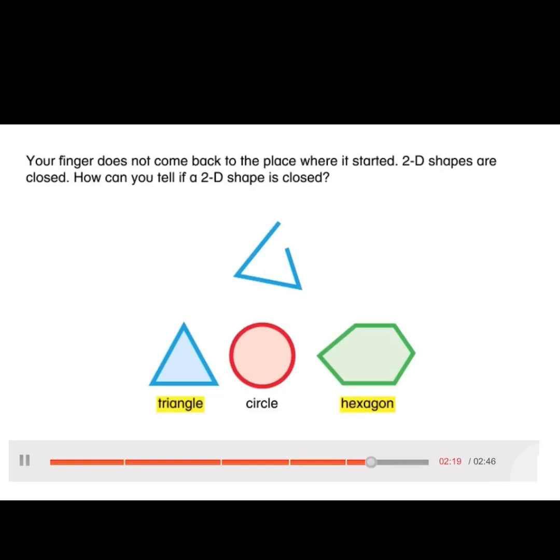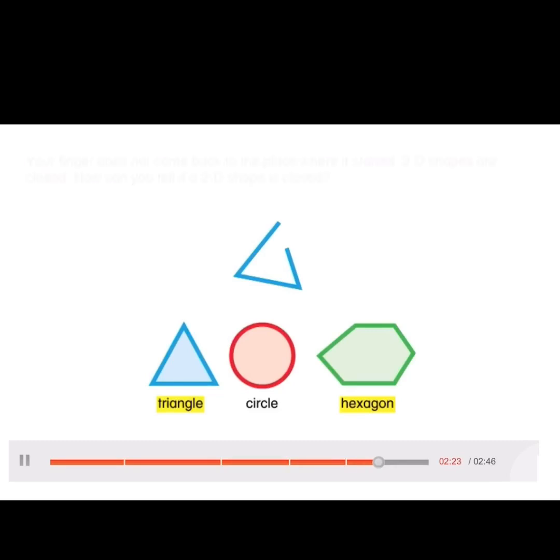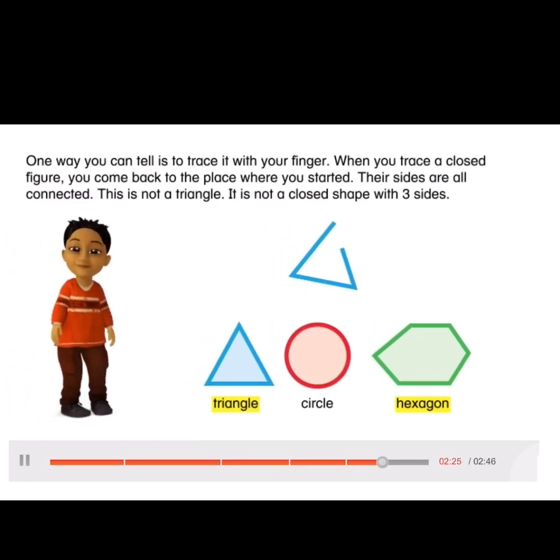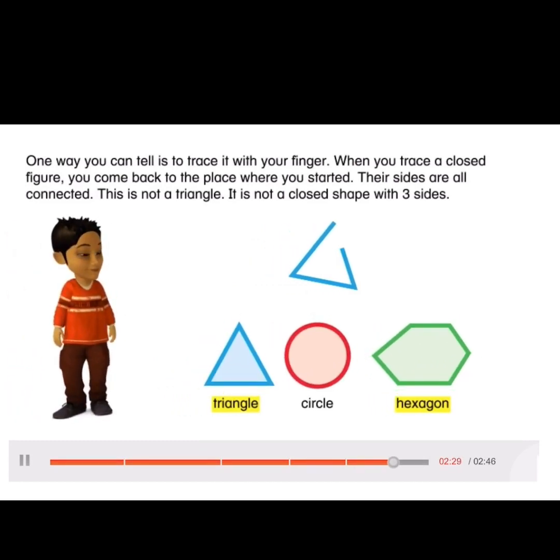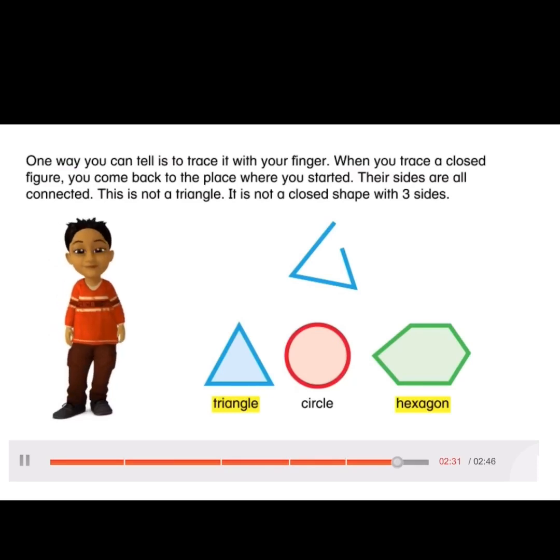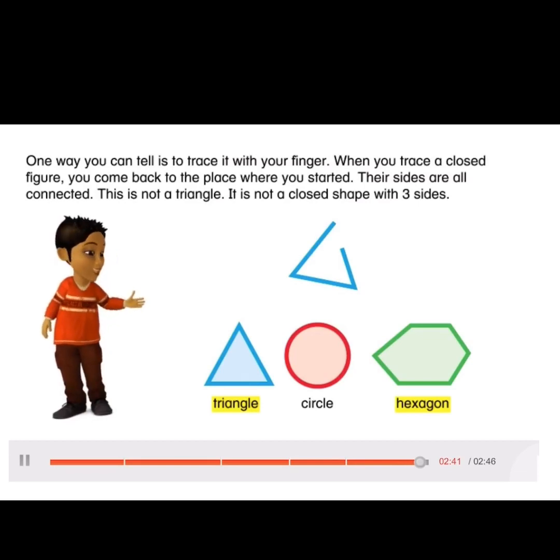How can you tell if a 2D shape is closed? One way you can tell is to trace it with your finger. When you trace a closed figure, you come back to the place where you started. Their sides are all connected. This is not a triangle. It is not a closed shape with 3 sides. Now you know how to define 2D shapes by how they look.